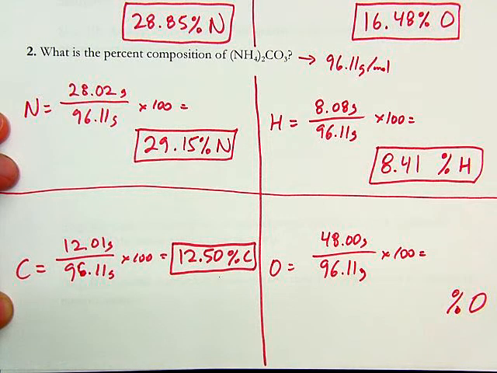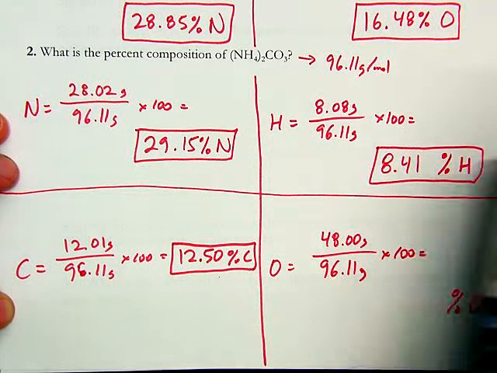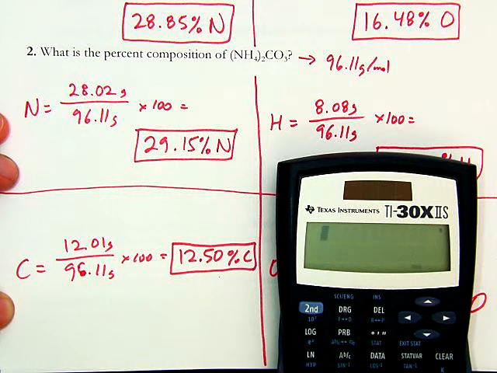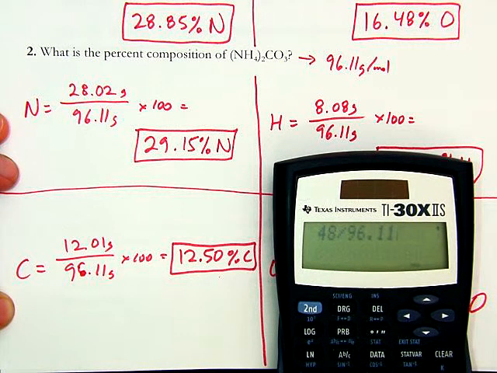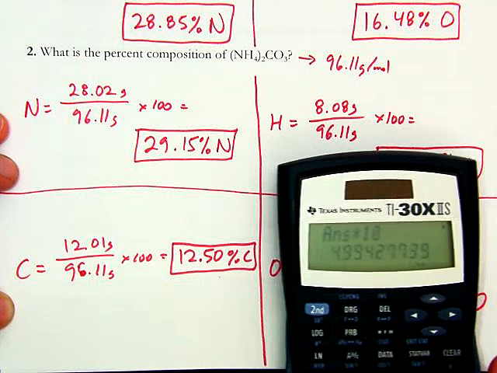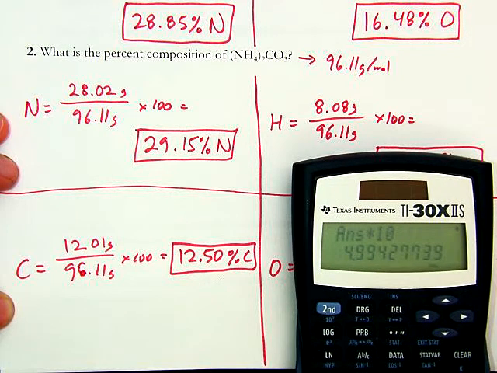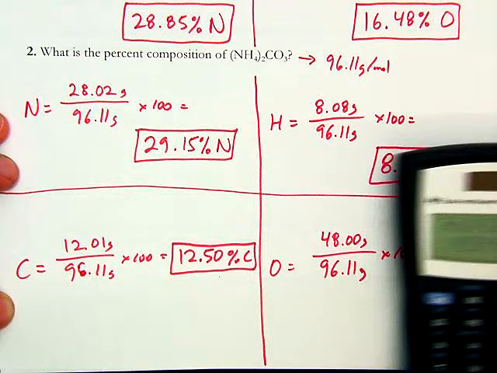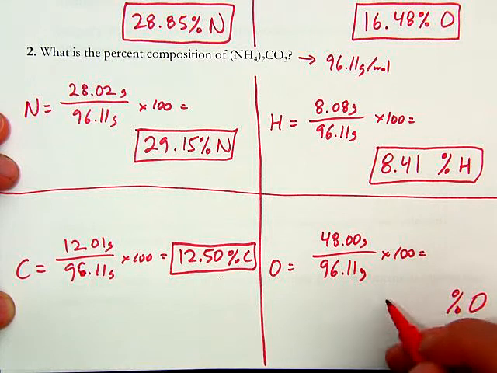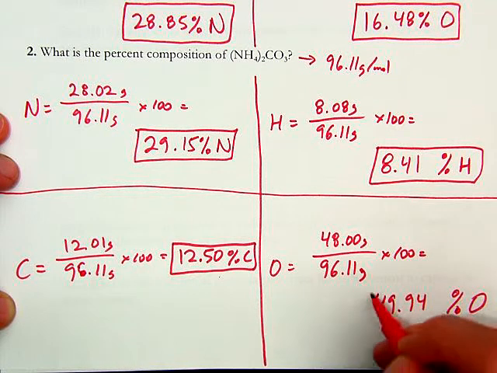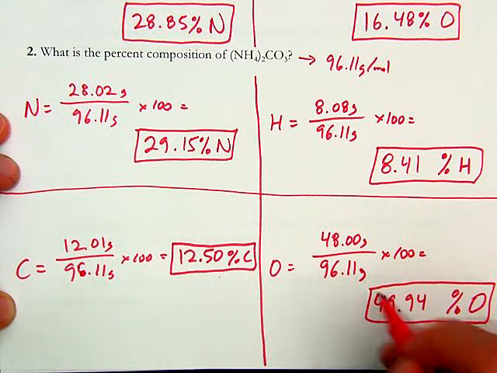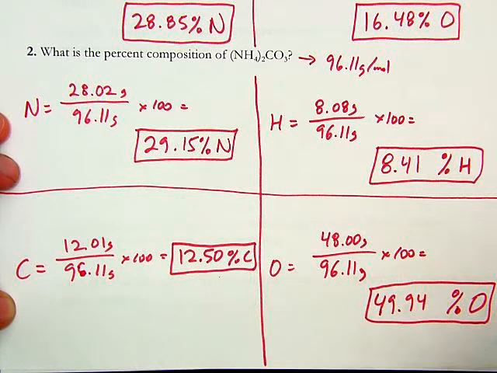So plug that in there: 48 divided by 96.11 times 100. It's 49.94. So it's about half oxygen.